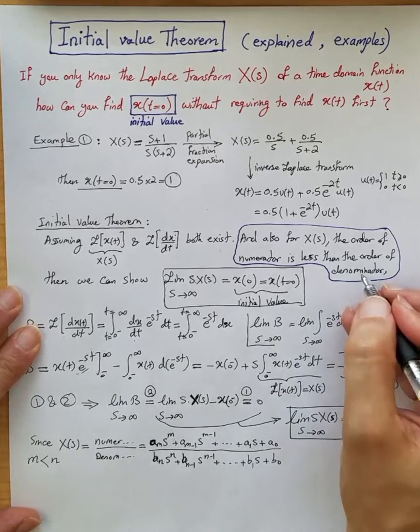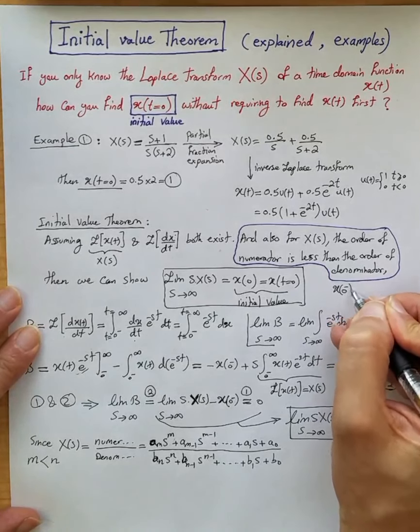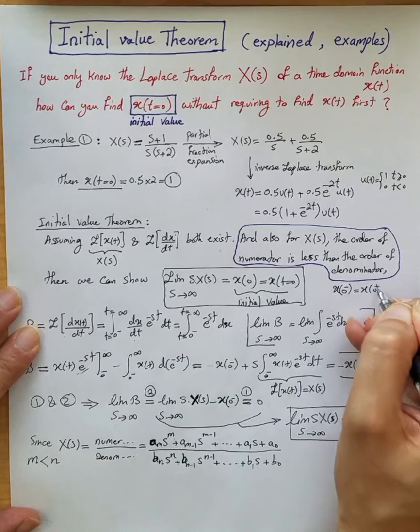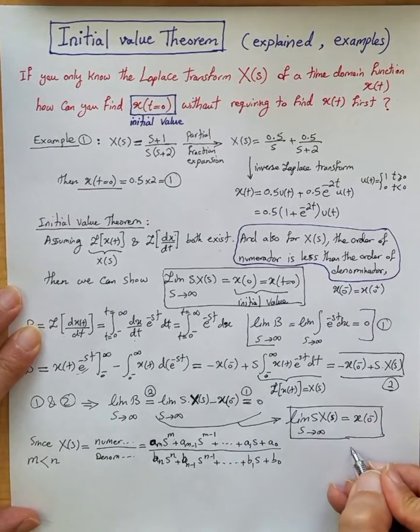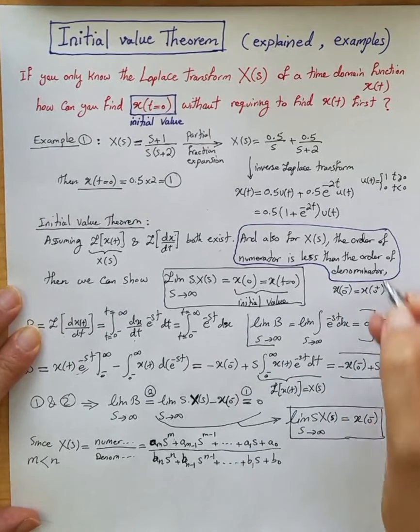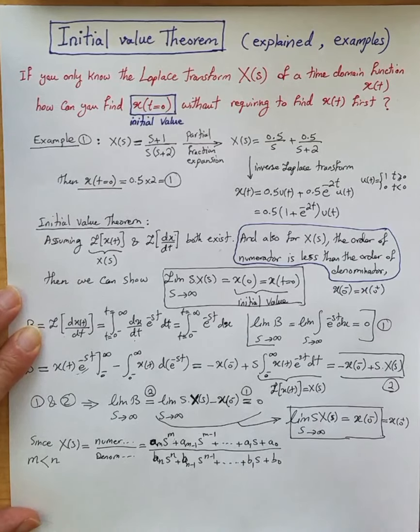So this guarantees that x of 0 minus is equal to x of 0 plus. There is no delta t, no Dirac discontinuity at time 0. So that's why, because of that requirement, I can simply say x of 0 plus as well. X of 0, basically, there is no discontinuity.